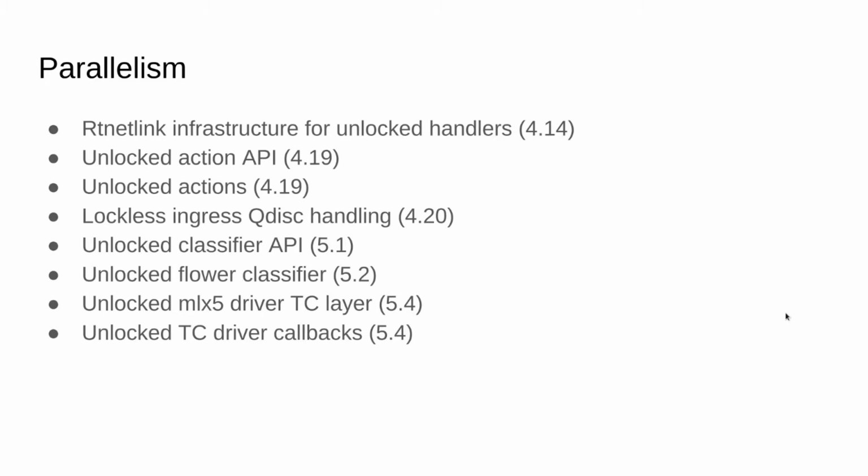And after we were done with the MLX5 driver, we needed to unlock the TC driver callback infrastructure that glues the classifier API to the driver. So again, for more details, you can check my previous talks on TC workshops.